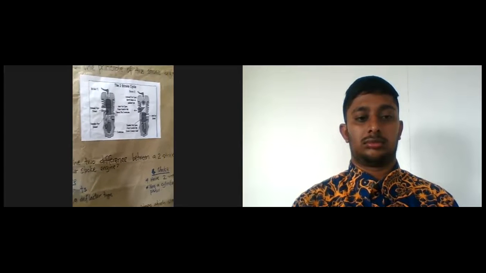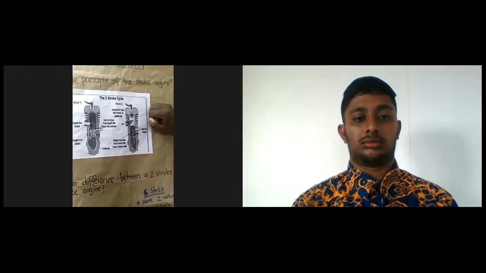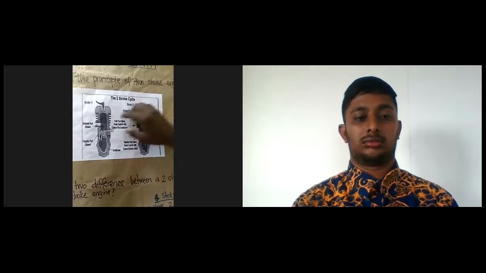The second part says power and exhaust stroke. The piston is at the top of the compression stroke and it's about to move down. Remember class, as soon as the spark plug ignites, the piston will start to come down.